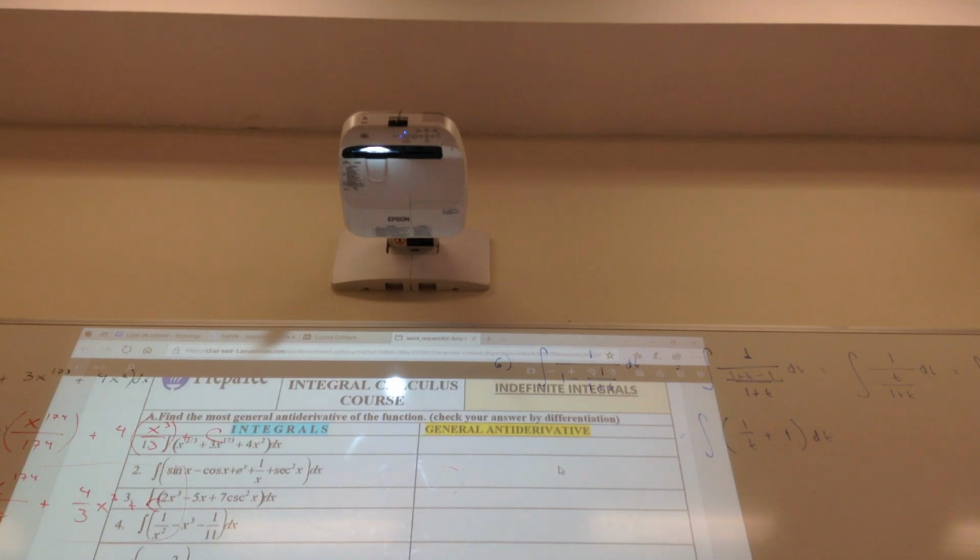What did I do? Simple. I separated it. Can I integrate now? Yes. The integral of 1 over t, plus the integral of 1, which would be x, but it's not x, so it's t, plus c. That's it.